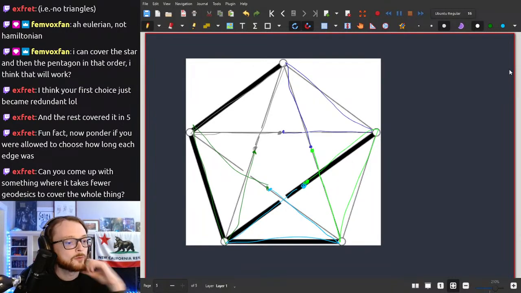Now ponder if you were allowed to choose how long each edge was. Can you come up with something where it takes fewer geodesics to cover the whole thing?